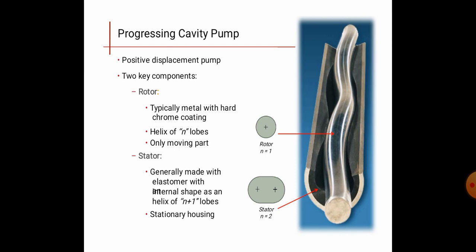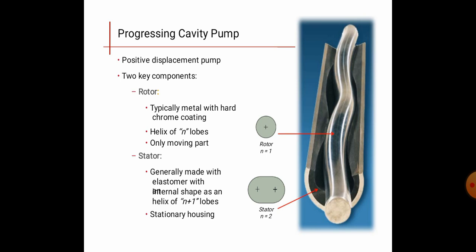It has two components. First is rotor, that is typically made with metal with hard chrome coating, and it has different number of lobes, and it is the moving part of the progressive cavity pump.